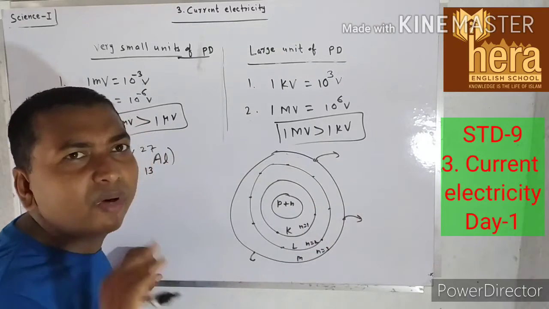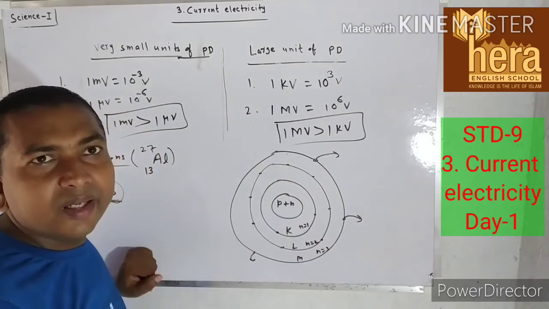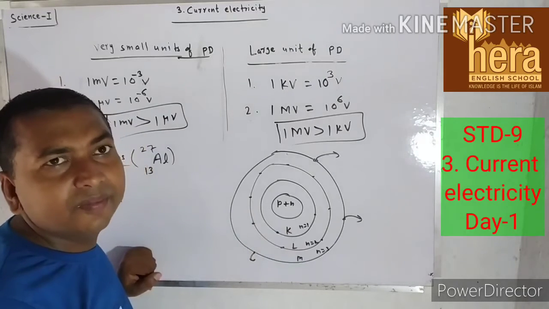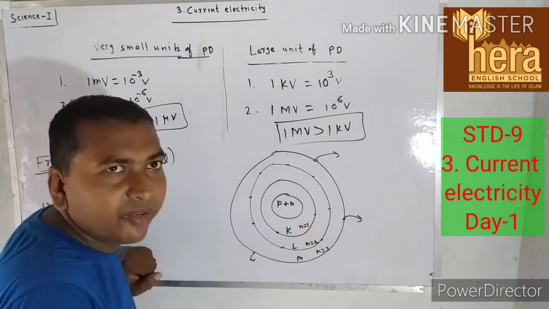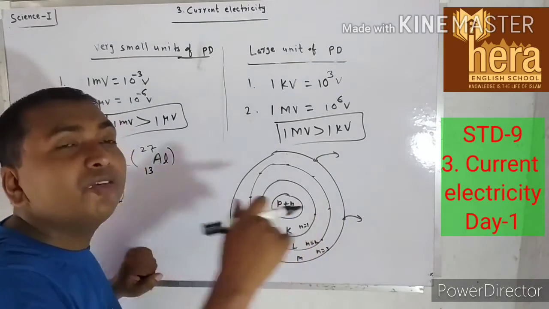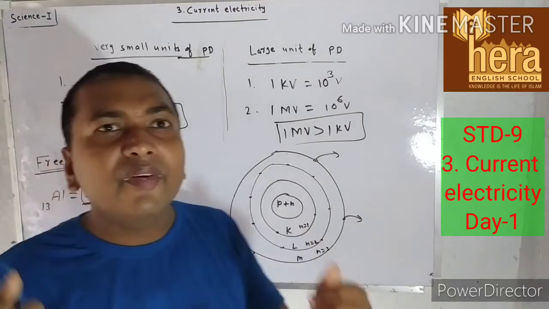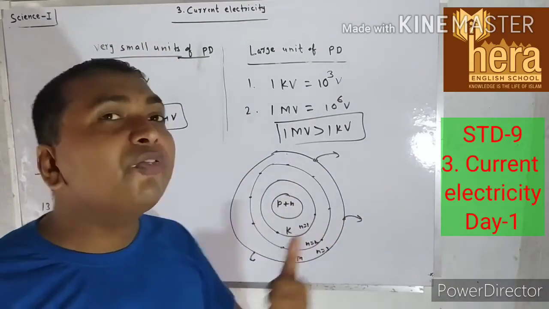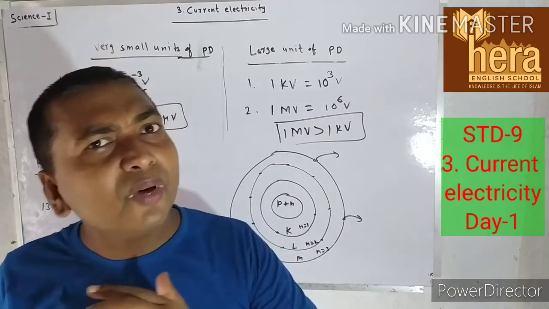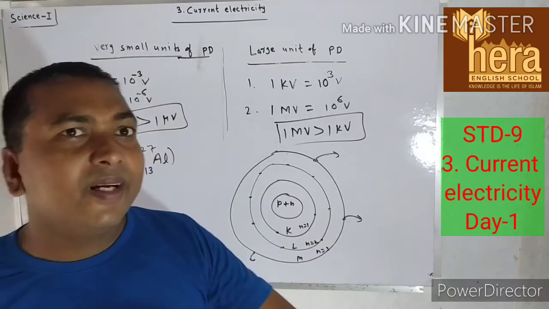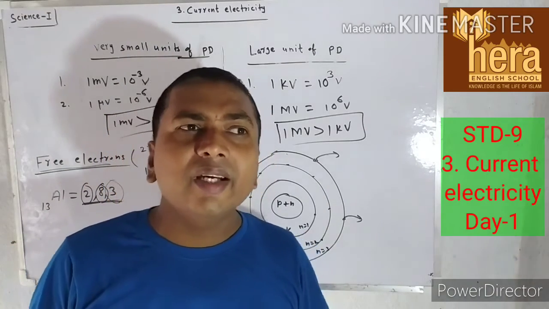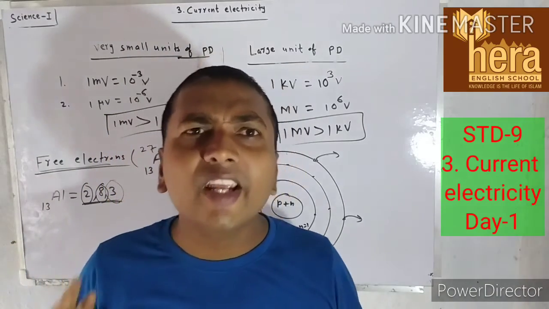They are loosely bonded to the nucleus, but in the case of a non-metal they are tightly bonded. If you apply a potential difference in an insulator, the outermost electrons will not become free. That's why in an insulator there are very, very few free electrons.